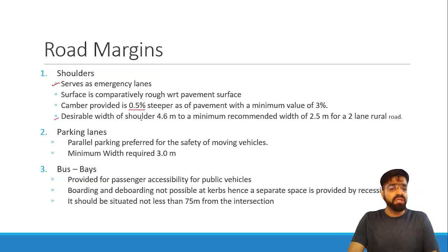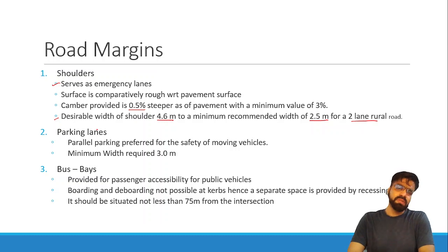The desirable width of shoulder is 4.6 meters, with a minimum recommendation of 2.5 meters for a 2-lane rural road. So these are the specifications provided by IRC. You should remember the desirable width of shoulder should be 4.6 meters and the minimum recommended width can be 2.5 meters.